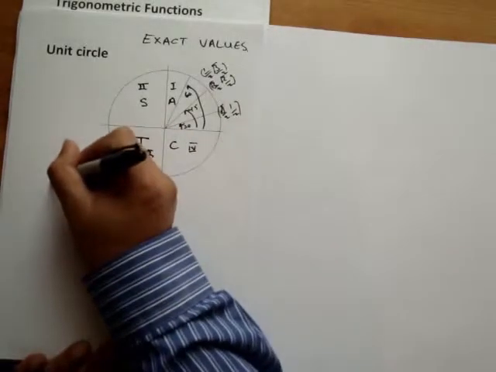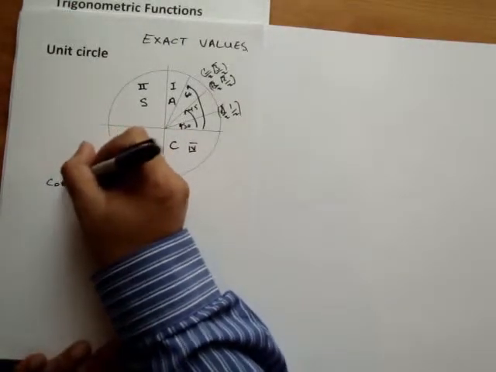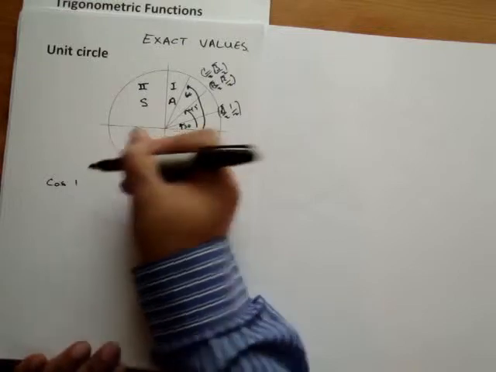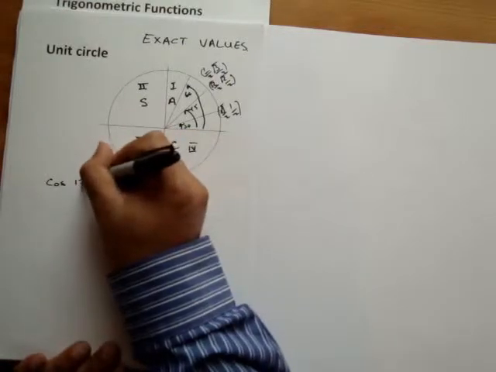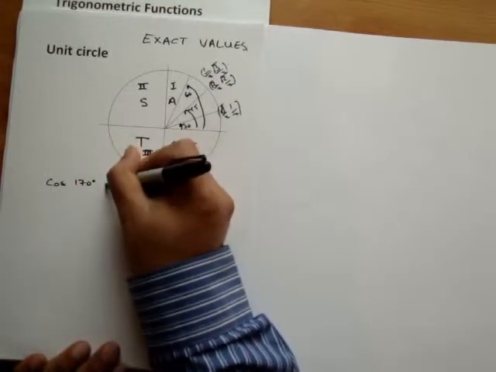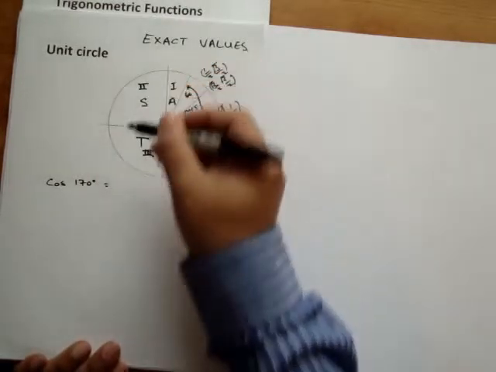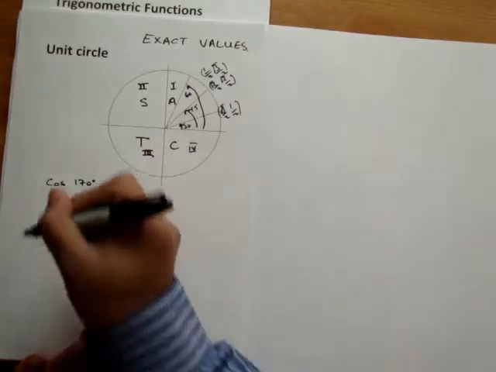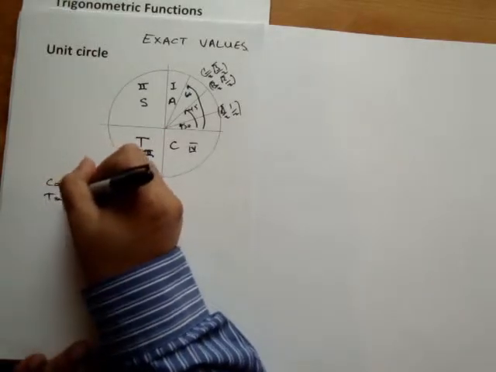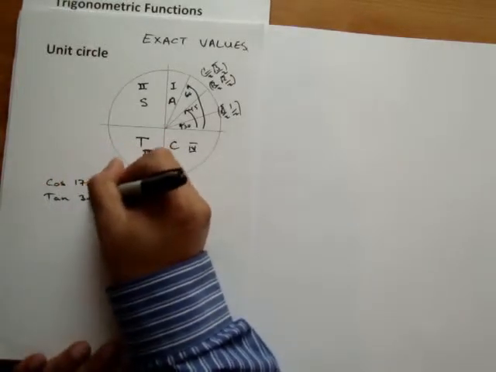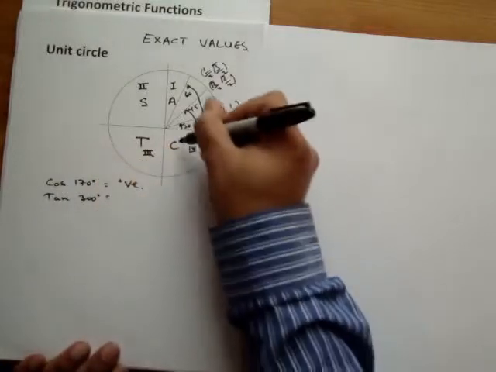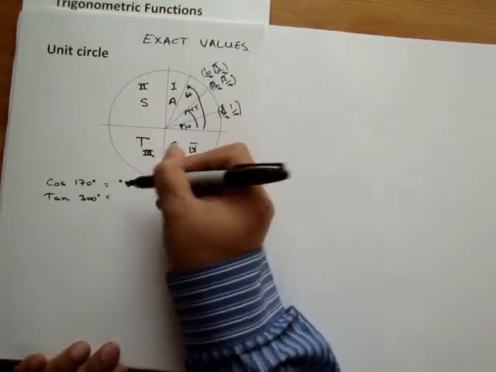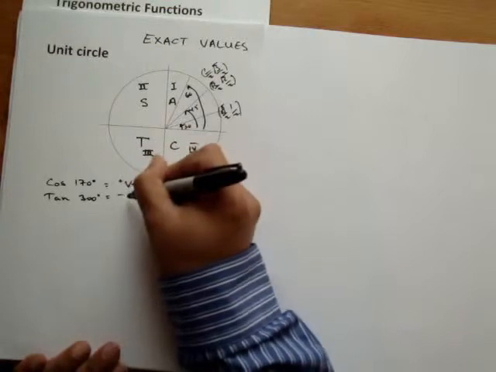So this means that if we have the cos of, say, 170 degrees, which would be in quadrant 2, it would be negative. If we have the tangent of 300 degrees, it would be in quadrant 4, so it would be negative.